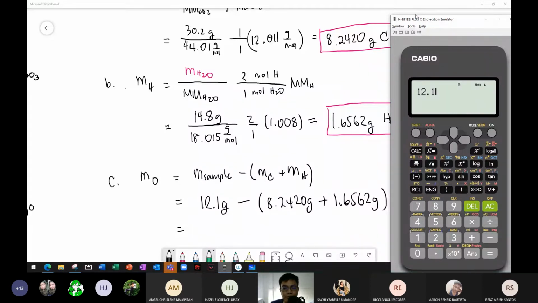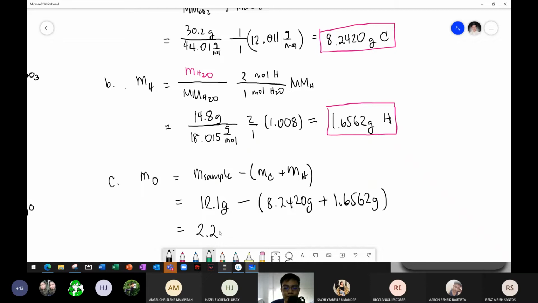So 12.1 minus, parenthesis, 8.2420 plus 1.6562, close parenthesis. Ayan, 2.2018. Okay, good old times. 2.2018. So that's the mass of your oxygen atom.